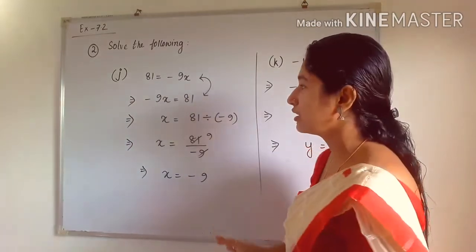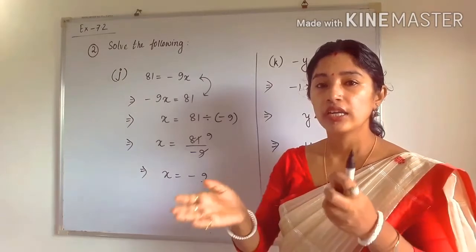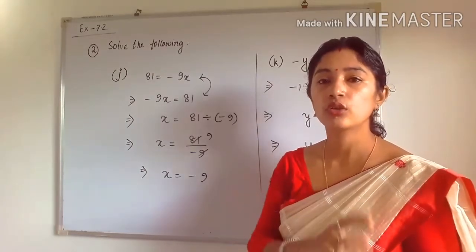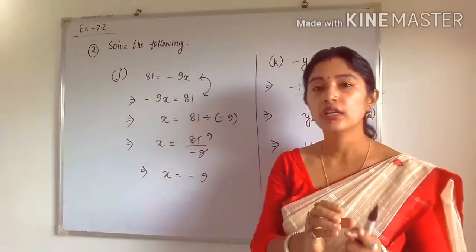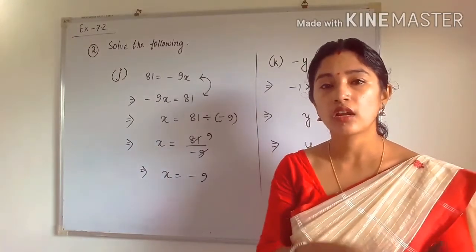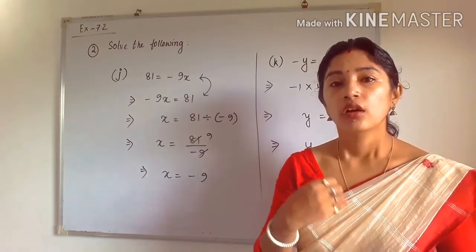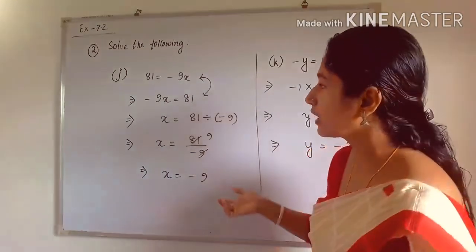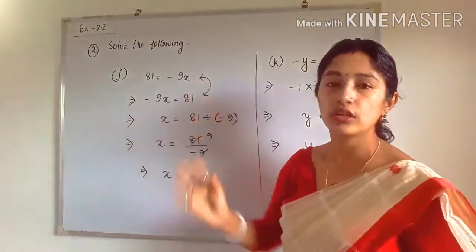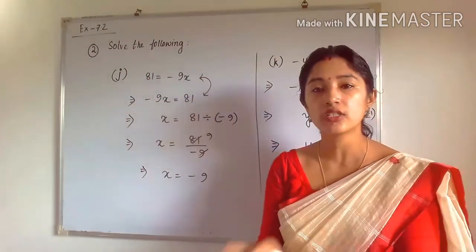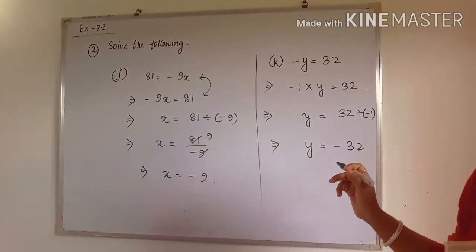There will be no change in sign, because we are only interchanging it. So no need to change the sign. When one number is transposed, or you can say transferred to another side, then only we have to change the sign. But here you can see this term is going to that side and this number is going to that side, so no need to change the sign because both are interchanging.